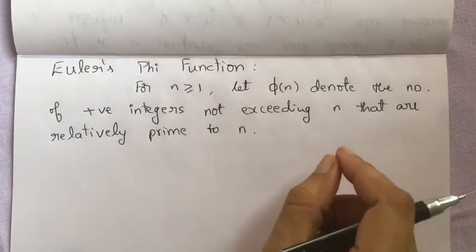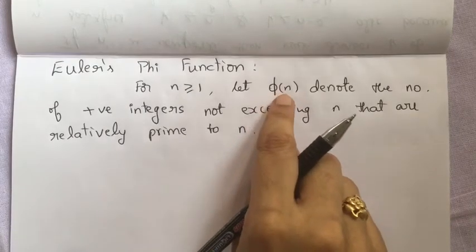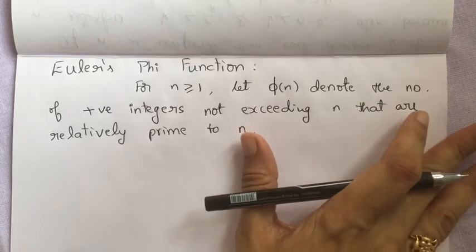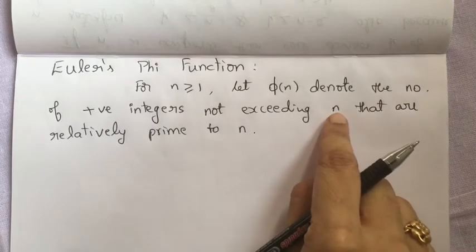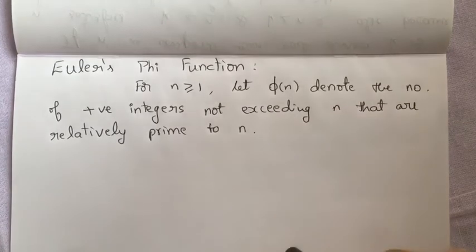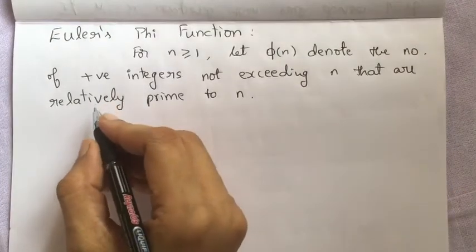See, I'm listing out, phi of n is a function. It denotes the number of positive integers, the set of positive integers which do not exceed n, and those numbers are relatively prime to n. Okay, I'll describe this with an example.